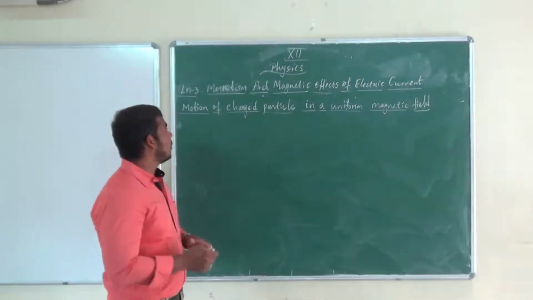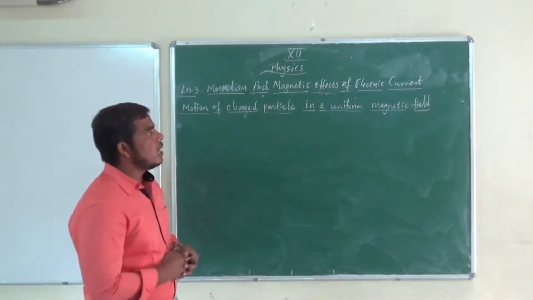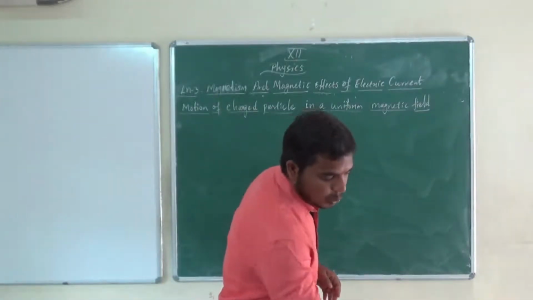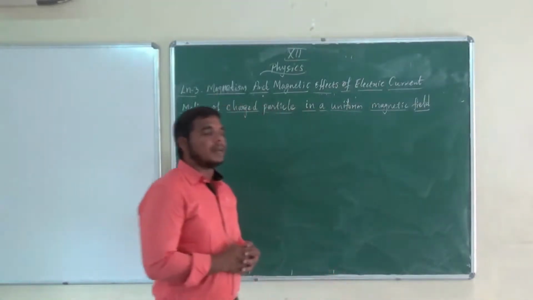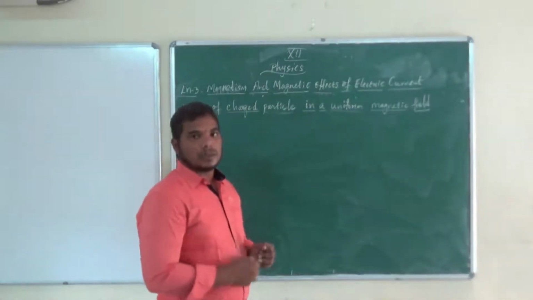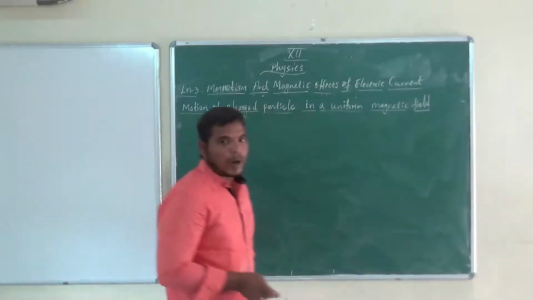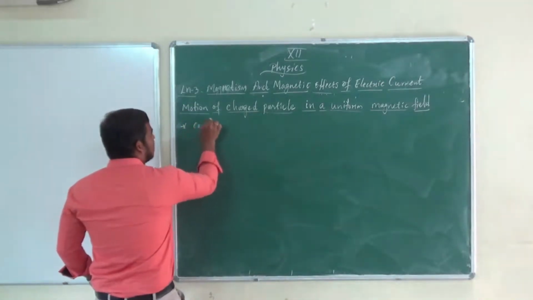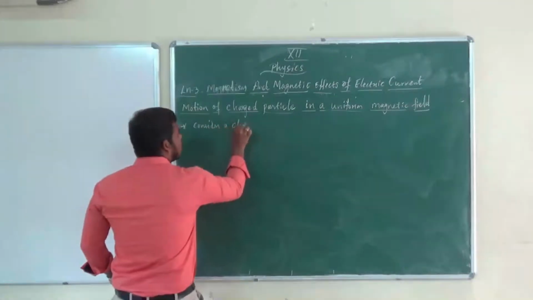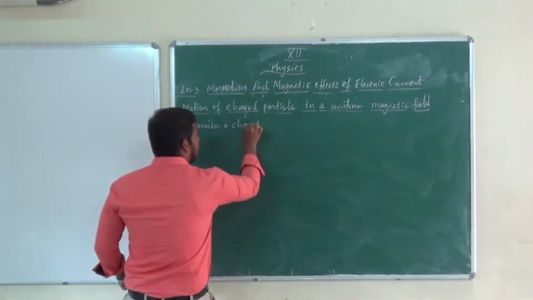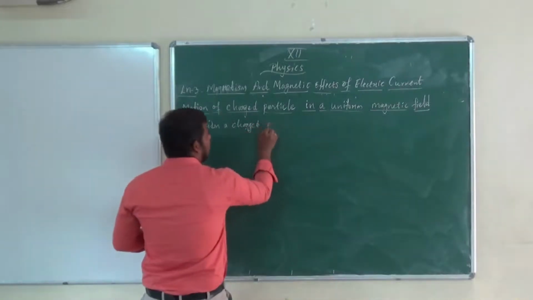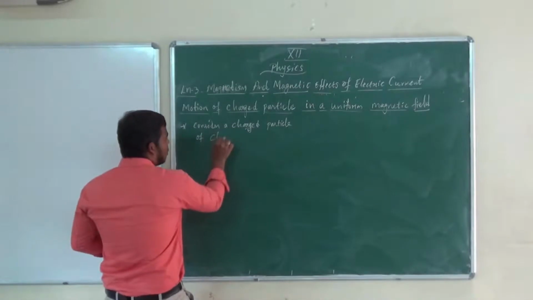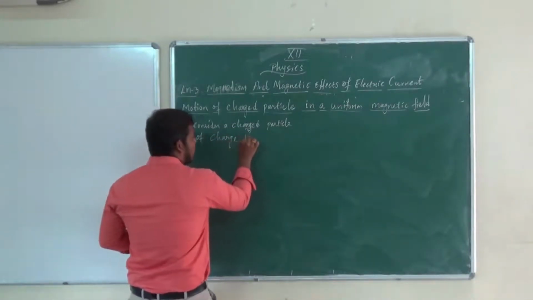What is our topic? Motion of a charged particle in a uniform magnetic field. Consider a charged particle of charge, which we represent by plus q.